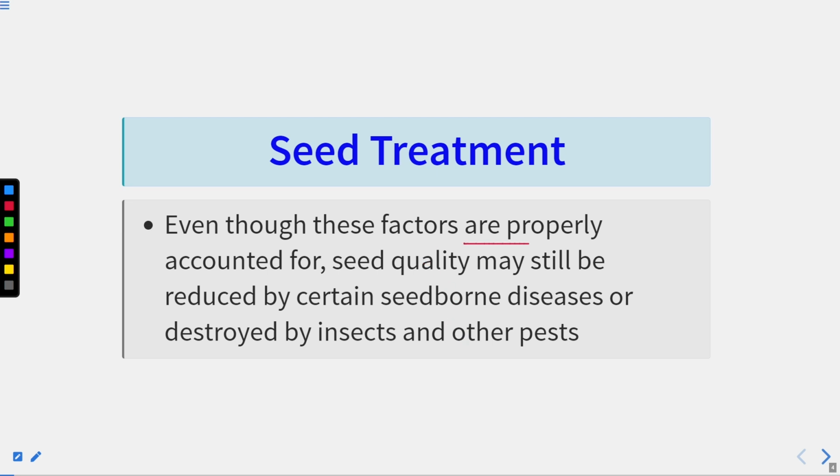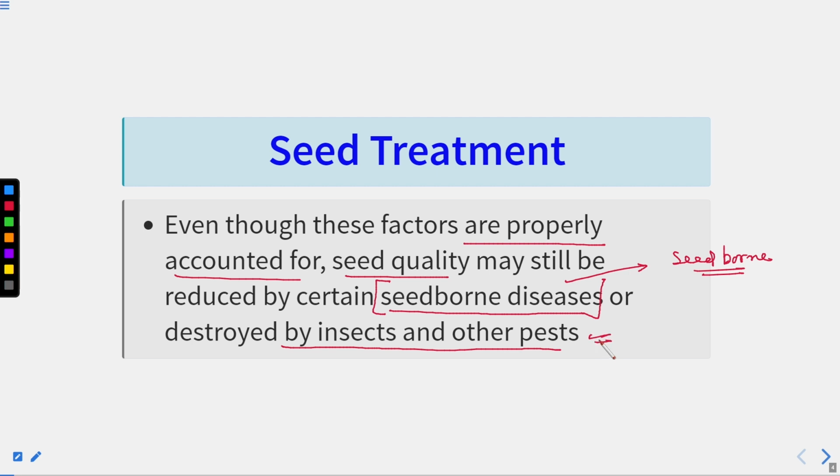Even though these factors are properly accounted for, seed quality may still be reduced by certain seed-borne diseases. There are some diseases that are seed-borne, and seeds can be destroyed by insects and other pests also. Sometimes at the time of sowing the seeds, there are some insects that can lay their eggs in those seeds.